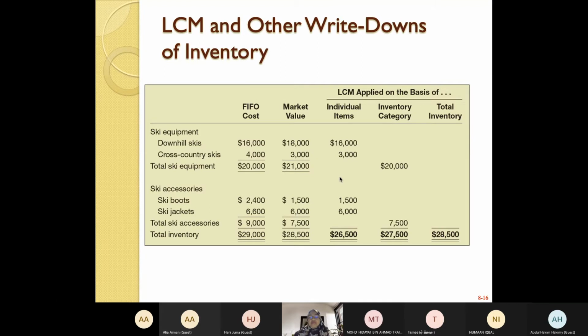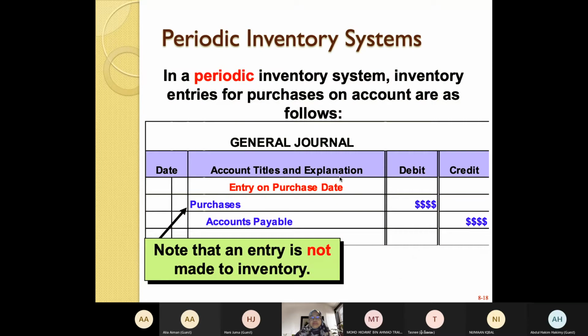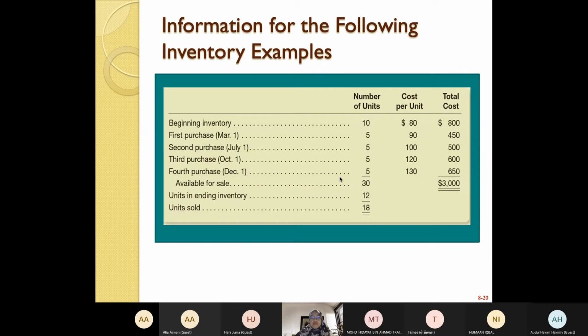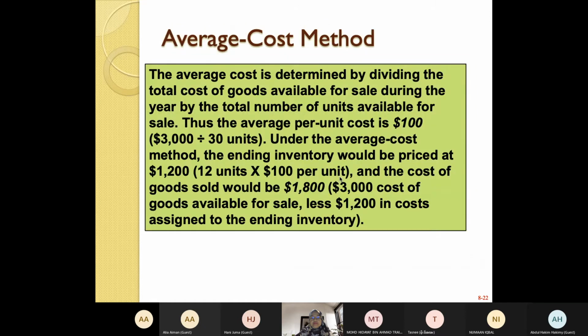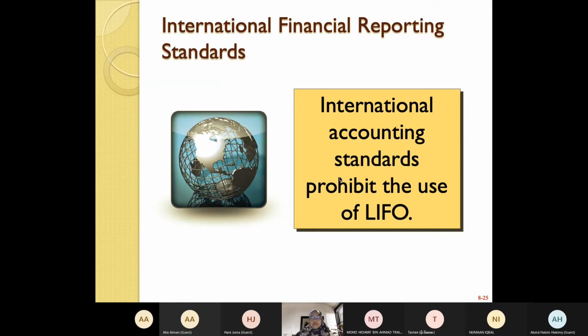All right, we have gone through the periodic inventory system under recording inventory. International Accounting Standards prohibit the use of LIFO.